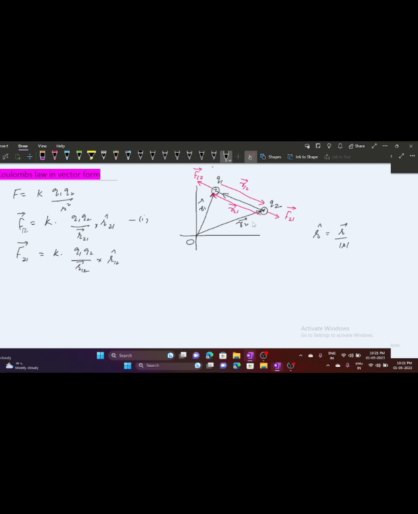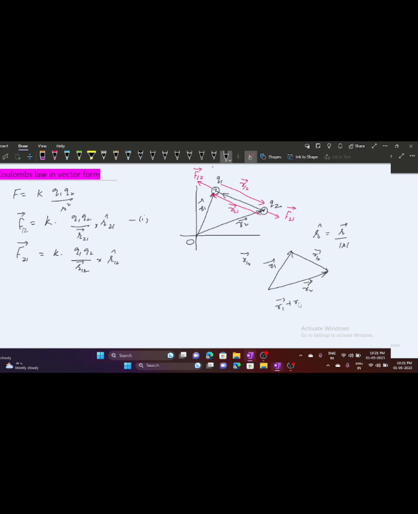If I take this vector R12, you will see that a triangle is formed by R1, R12 and R2. R1 and R12 are in the same direction, and R2 will be the resultant of these vectors.